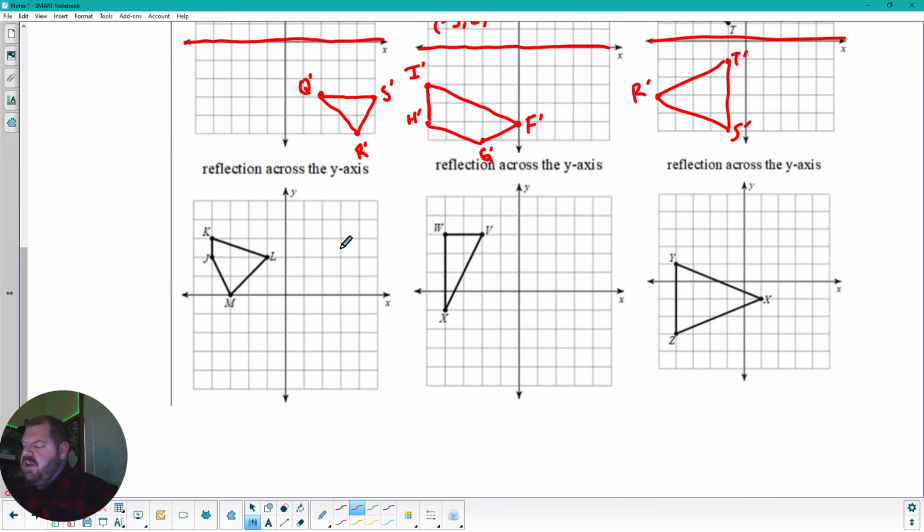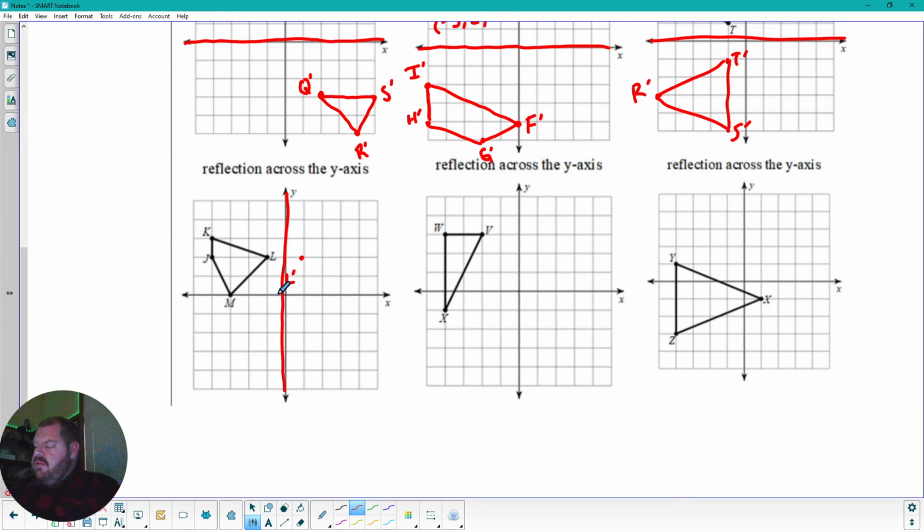These ones were reflecting across the y-axis now, so I'll take a look at doing those in both of those different ways, both physically moving the coordinates and then looking at the coordinate rule as well. So this one, L is the closest point. It's 1 unit away from the mirror, so I move 1 unit the other way and I get L prime.